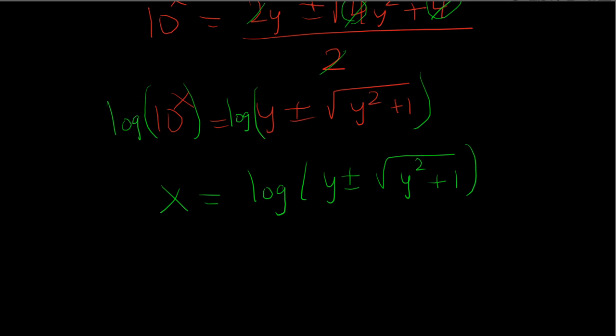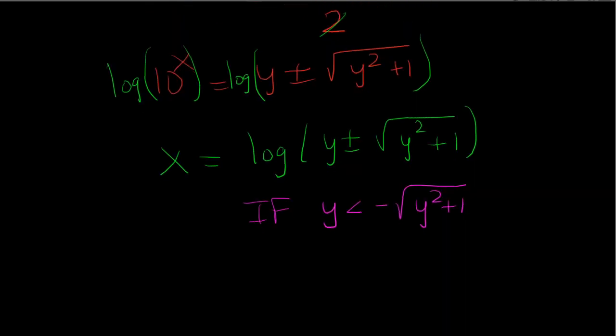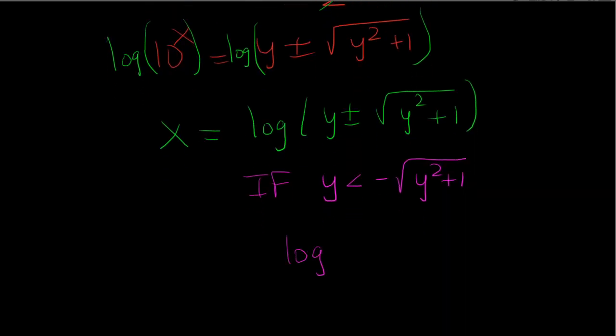Here you have to be careful, because if y is less than negative square root of y squared plus 1, then we'll be having log of a negative number. And that's not possible.